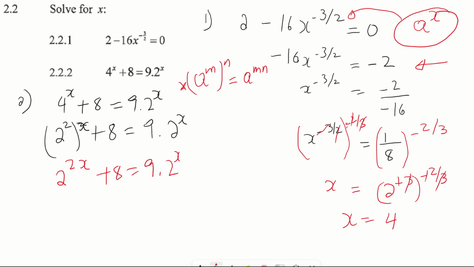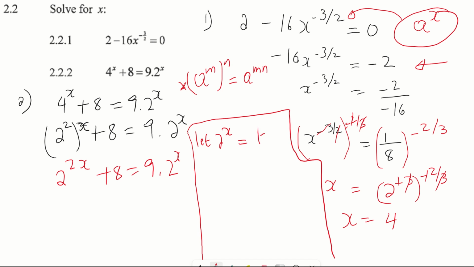Then I sit and say, this still looks complicated. I can see there's 2 to the power x. How about I get out of the exponential way of thinking and think algebraically? How about letting 2 to the power x be equal to k?